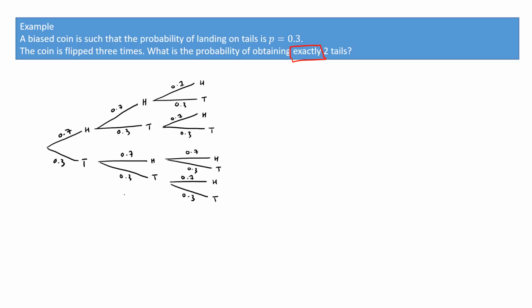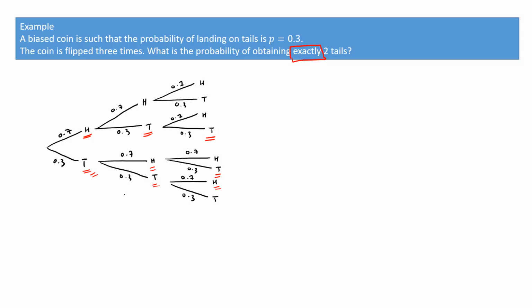And we quickly see that one of the possible outcomes is heads, tails, tails. That one definitely has exactly 2 tails. Another one would be tails, heads, tails. And another one would be tails, tails, heads. And those are the only 3 outcomes with exactly 2 tails.